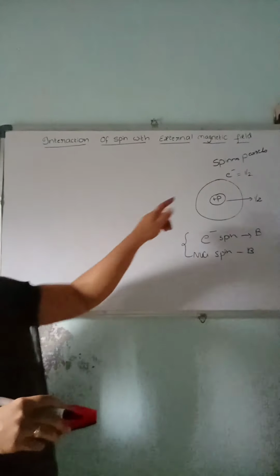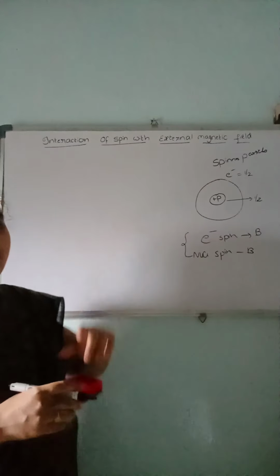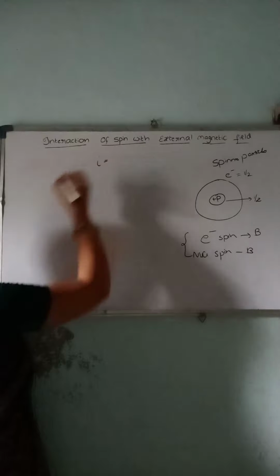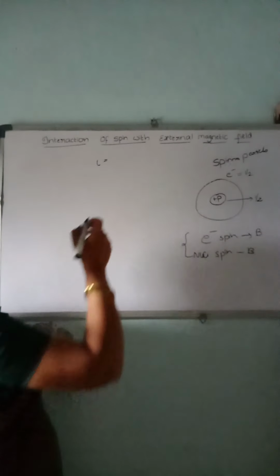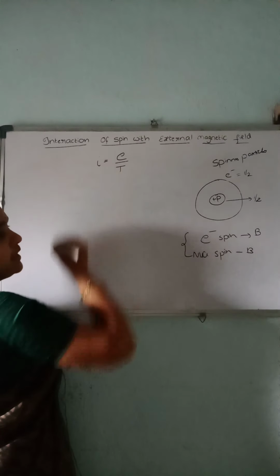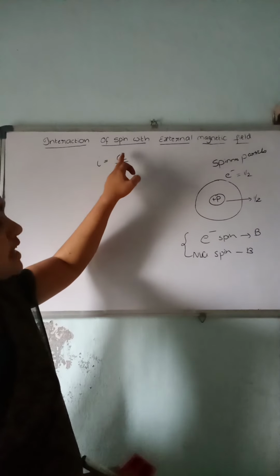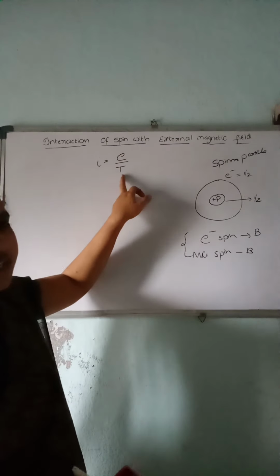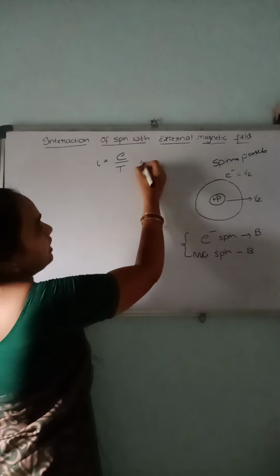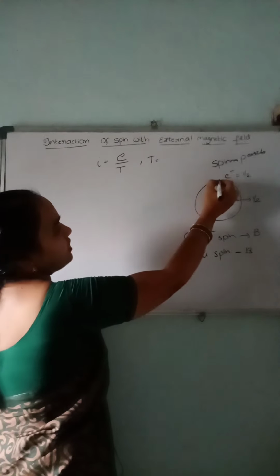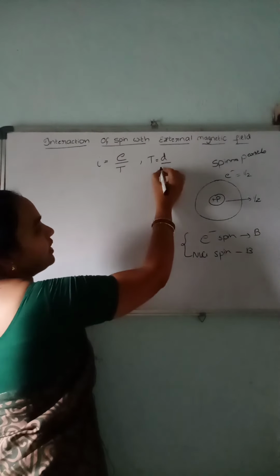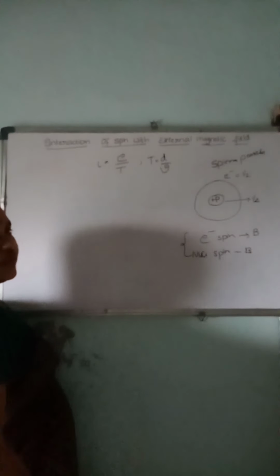Since the electron is revolving around the nucleus, the moving charged particle will generate a current. This current is the charge flowing per unit time, I = e/T, where e is the charge of an electron and T is the time period for one revolution. The time period for one revolution is the distance travelled by the electron divided by its velocity.